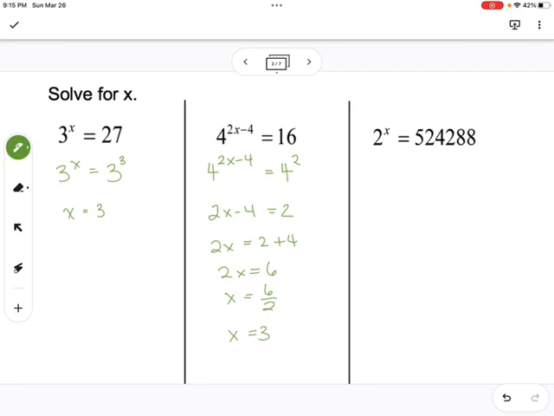And the last one here, 2 to the exponent x equals 524,288. Okay, so this could take a lot more trial and error. You want to get a base of 2, meaning you're trying different exponents with the base of 2 until you can get to this number here.